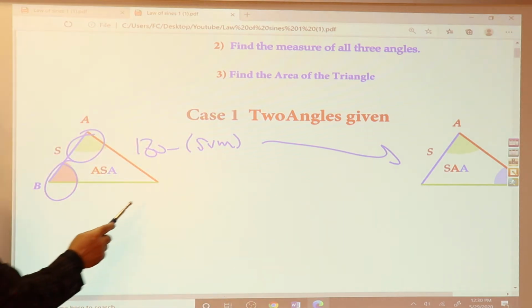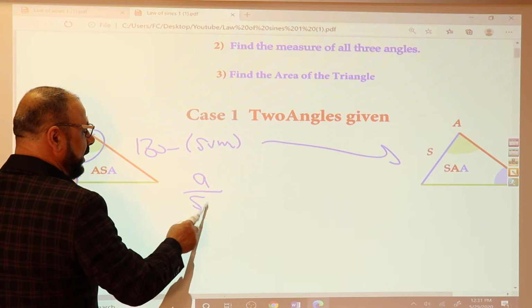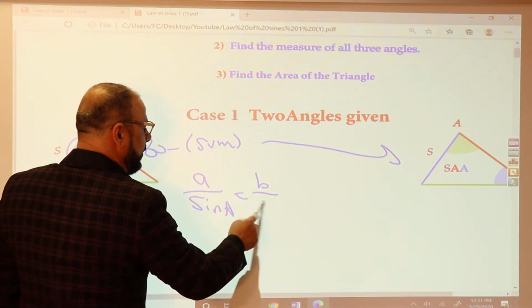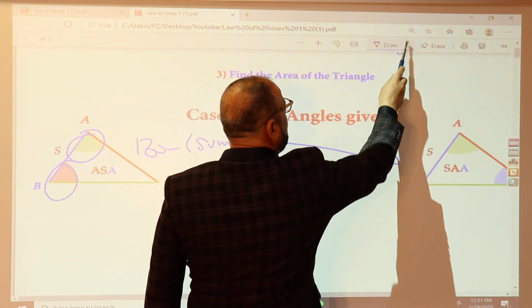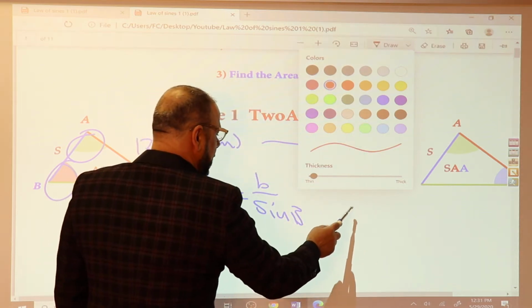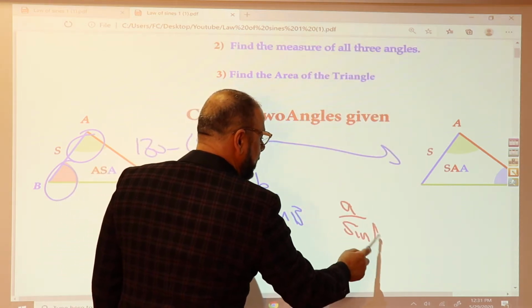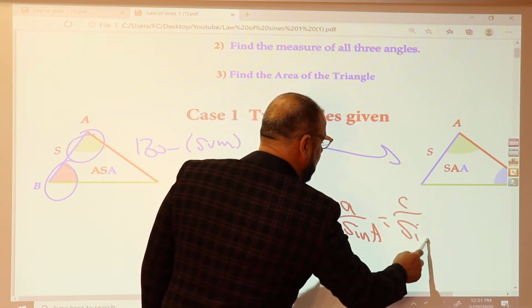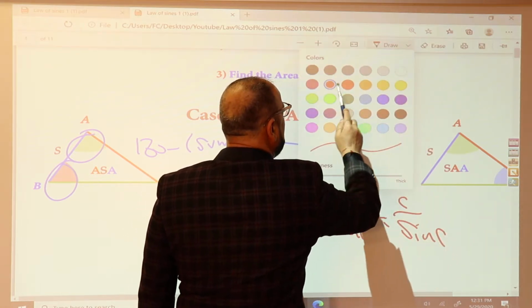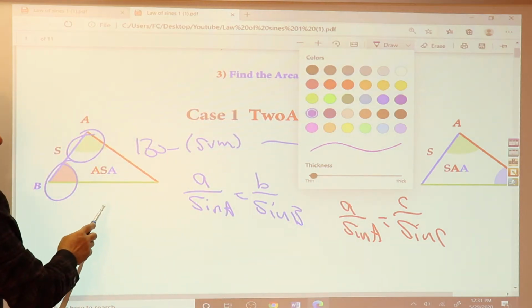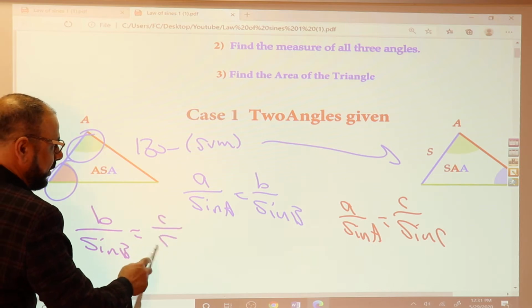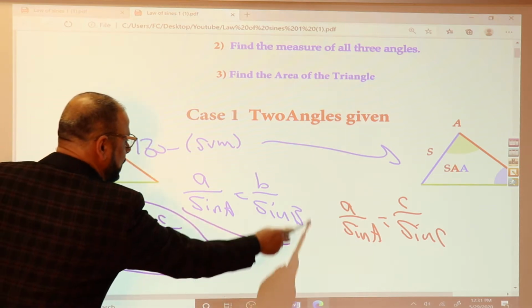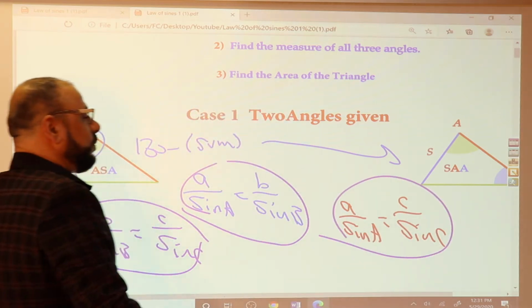And after that you apply the law of sines, which is a over sine A, b over sine B, or you can take any other choice, which is a over sine A, c over sine C, or b over sine B and c over sine C. You can apply any two proportions to go and solve for what you want.